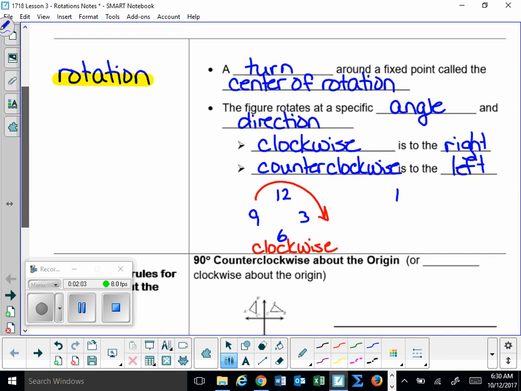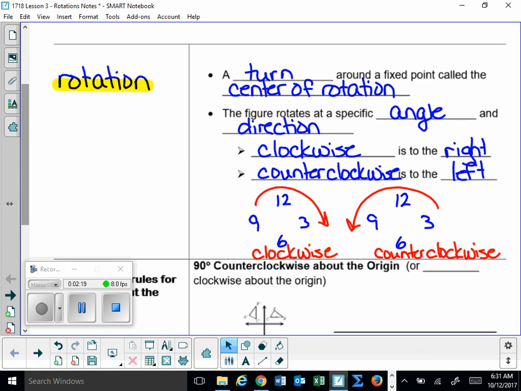Again, thinking about a clock, 12, 3, 6, 9. Counterclockwise goes left. If you are absolutely positive you know those two vocabulary words, you don't have to make note cards for them. If there is any doubt in your mind you are going to confuse clockwise and counterclockwise, I need you to make a note card.